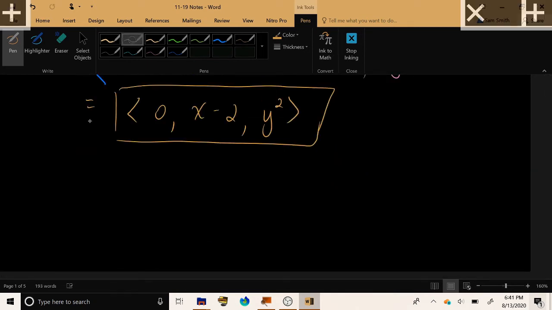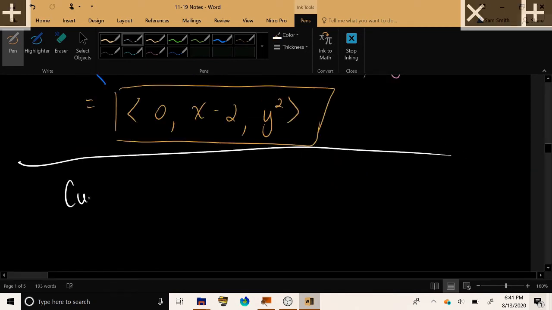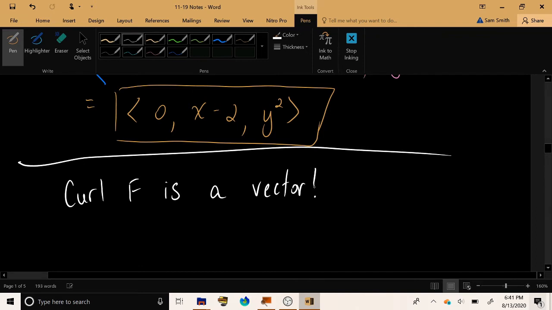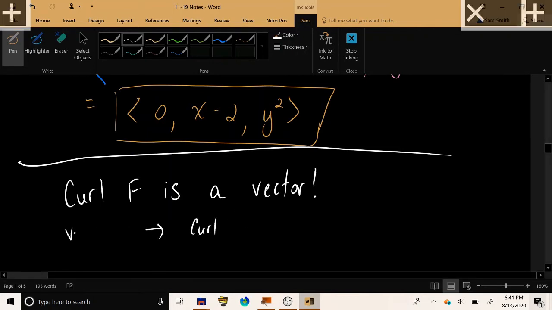Now, one thing to note is that curl f is a vector. Curl f is designed to take in vector fields and produce vector fields, more vectors which are functions of x and y. So curl f takes in vector fields and produces vector fields.